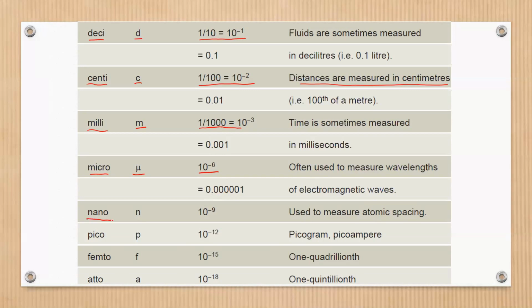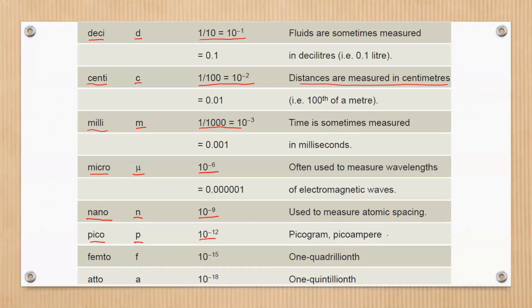Nano, the symbol is n, 10 to the power -9, used to measure atomic spaces. Very small, invisible distances, which can be seen using an electron microscope. Pico, the symbol is p, 10 to the power -12. Picogram, picoampere, very, very small numbers.